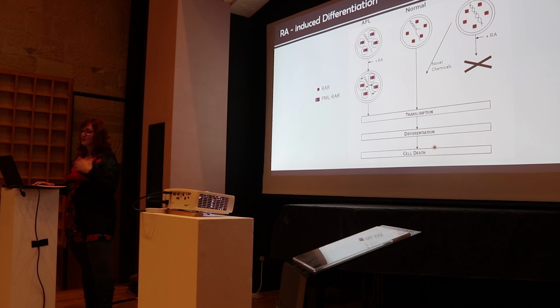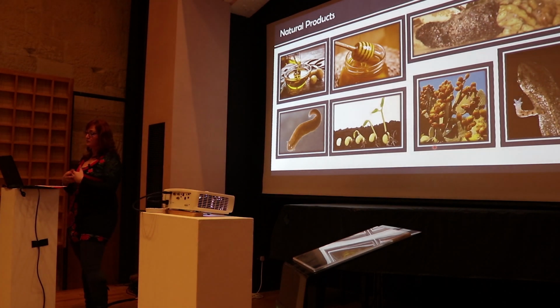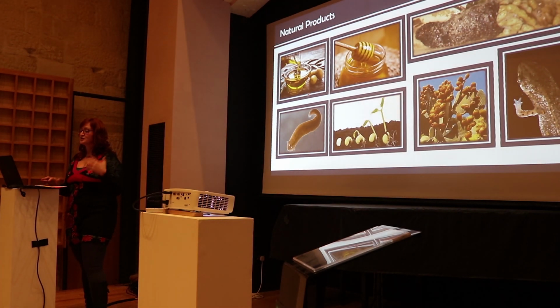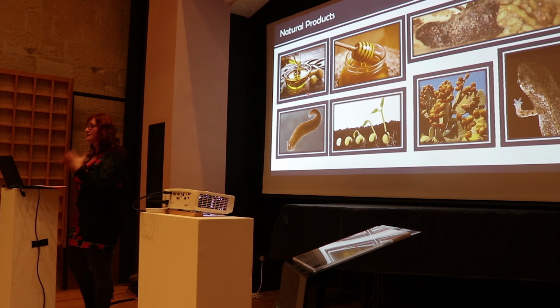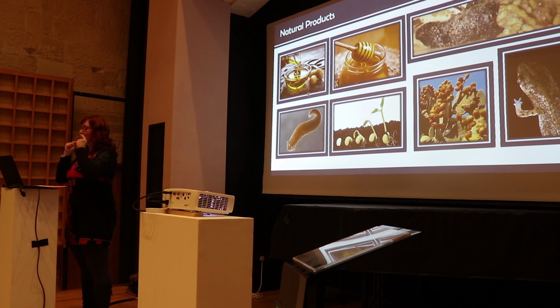So what I am doing is basically finding novel chemicals that may force this to happen. And we take these from natural products. So we have products such as honey and oils that we know are beneficial against cancer. However, we especially take and also extract from the prickly pear.